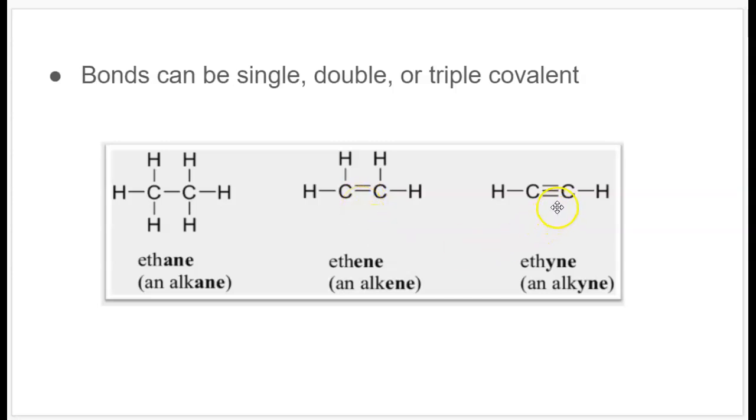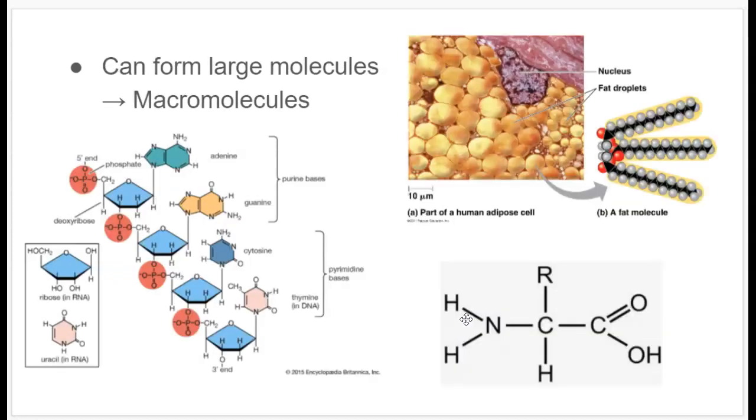Or it can be a triple bond, meaning they are sharing a total of 3 electrons between those two carbon atoms. Again, just make sure you understand a single line is a single bond, a double line is a double bond, and 3 lines is a triple bond. And so carbon can form all of those different types of covalent bonds.